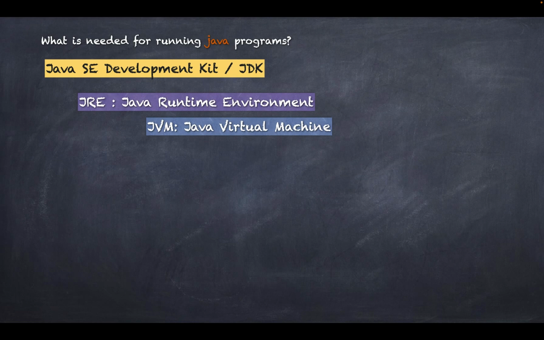And the Java Virtual Machine actually is the real program running on your computer. So actually your computer doesn't understand Java code at all, but it understands how to run the Java Virtual Machine.